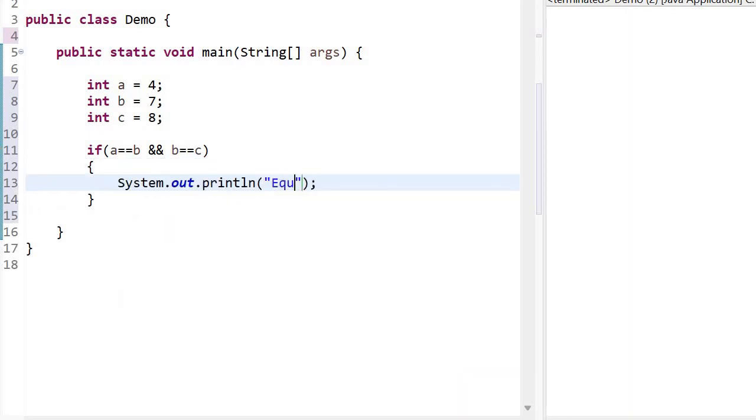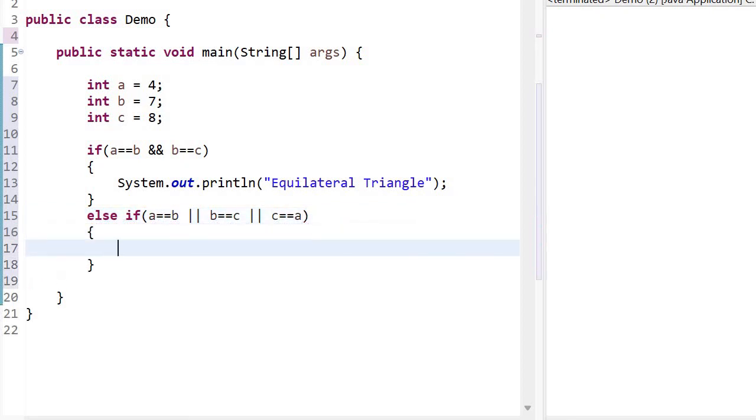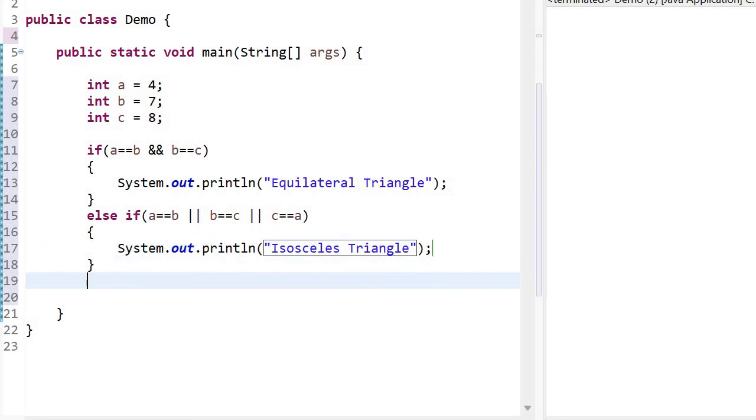It means that it is an equilateral triangle. Else if A is equal to B or B is equal to C or C is equal to A, it means it is an isosceles triangle.